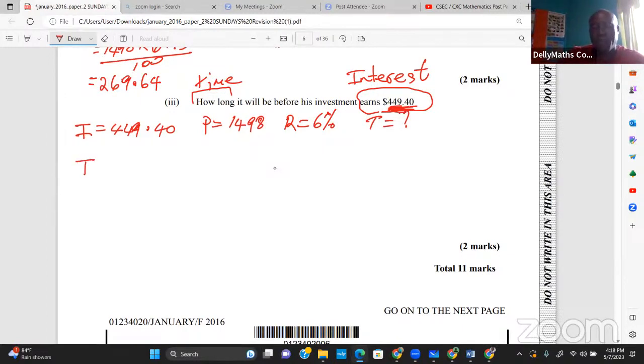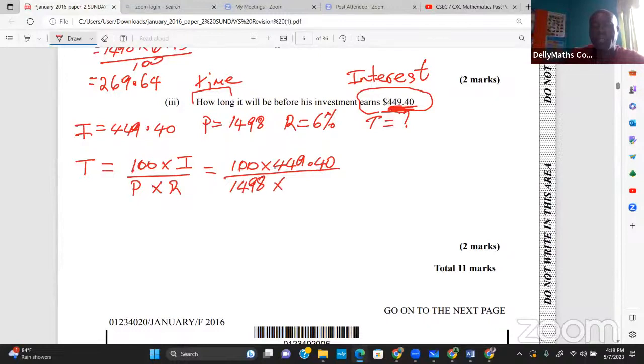What's the formula for time? Time is equal to 100 times my interest over the principal times the rate. This is going to equal 100 times my interest, which is 449.40, over 1498 times 6.